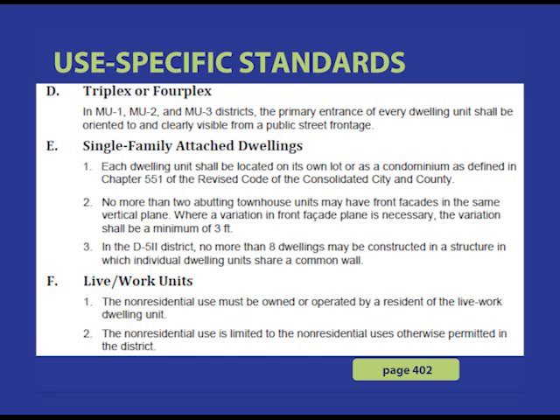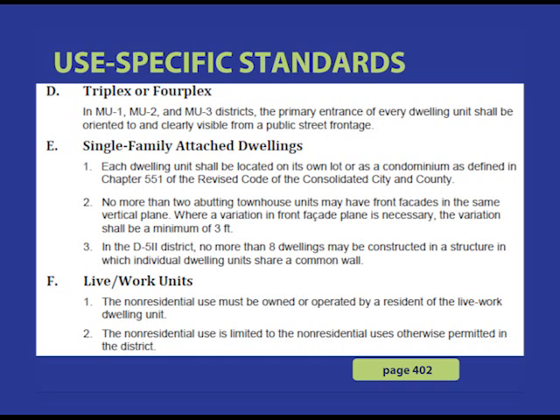You'll also note the single-family attached has use-specific standards. And that is, if you have two or more units along the same vertical plane, no more than 2 of those abutting townhomes may have the same front plane. That is to say, we want variation in the frontage so that you can distinguish different units.